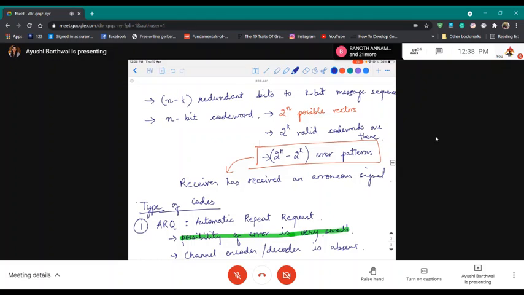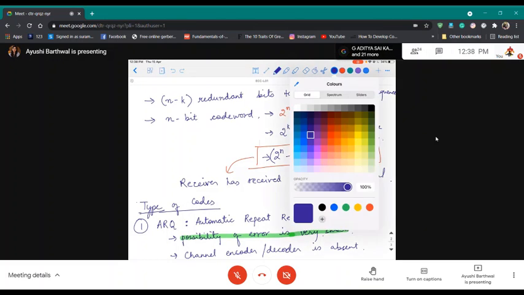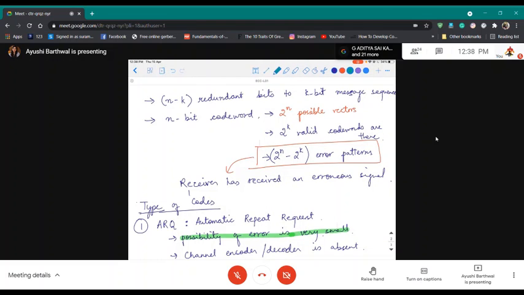Now initially you have a k-bit information signal. We will study this ahead in FEC codes. Suppose your information signal is denoted as U0, U1, U2, up to U k minus 1. So this is your message signal.